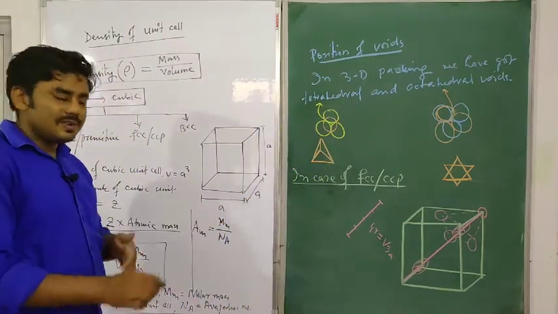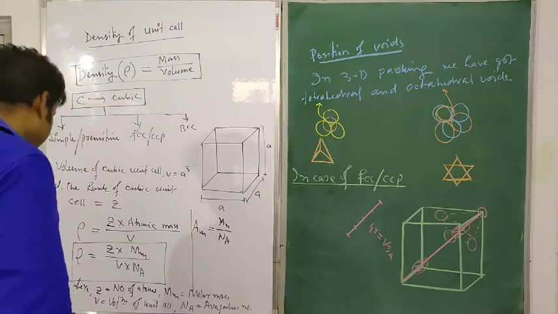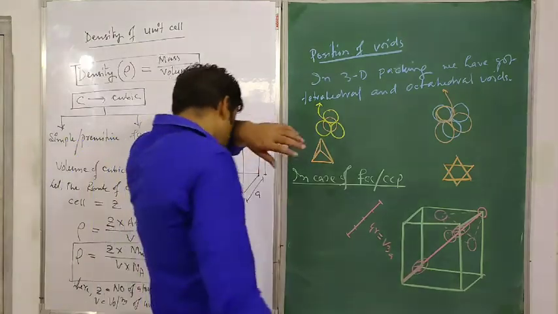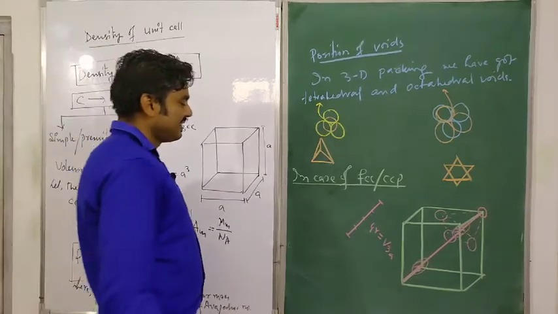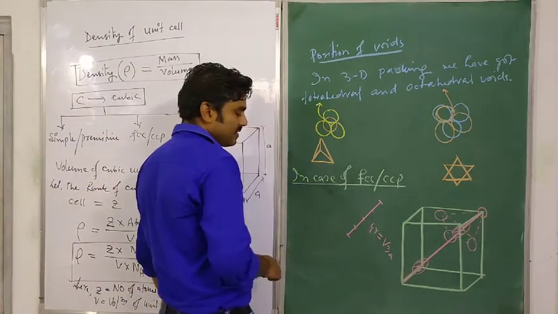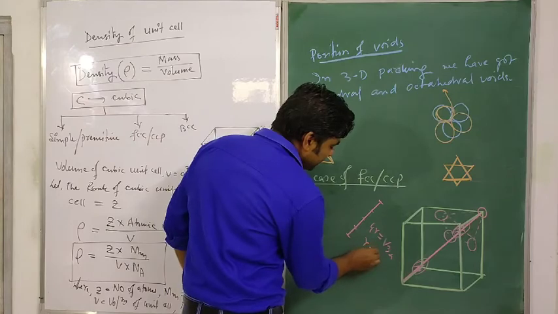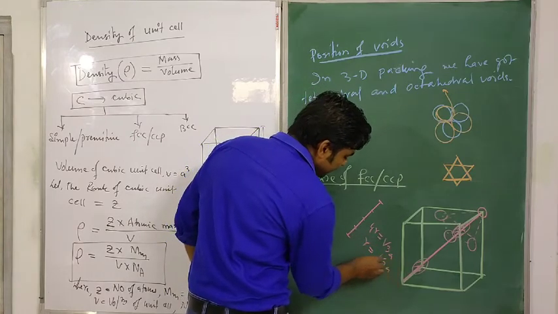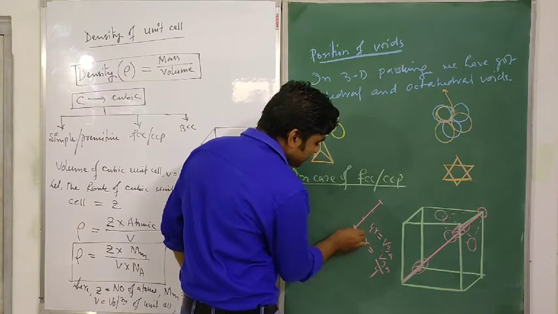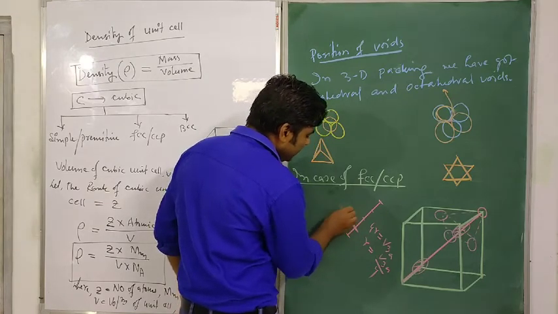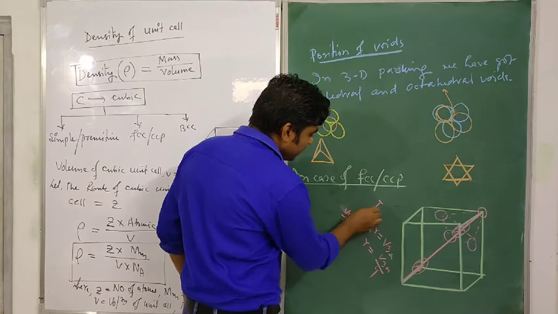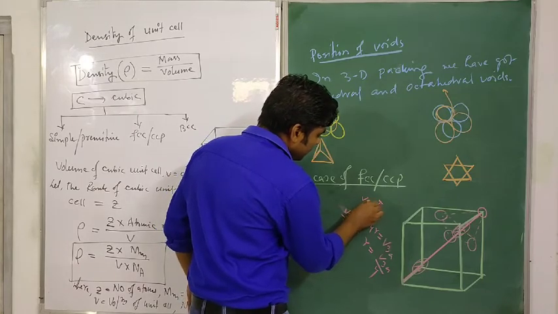You use the Pythagoras theorem to find the relation between edge length and the radius of the atom. So here 4r is equal to root 3 a, or you can write r is equal to root 3 a by 4. That means each point, this point is root 3 a by 4, and this one is also root 3 a by 4.